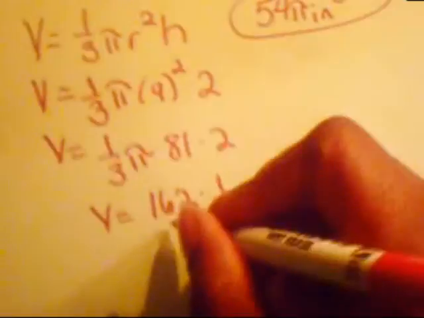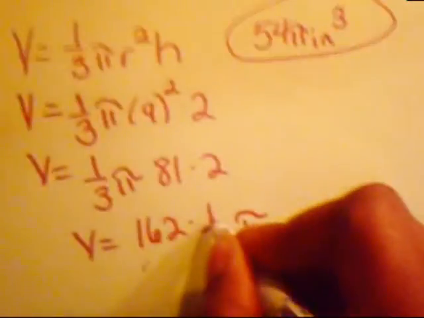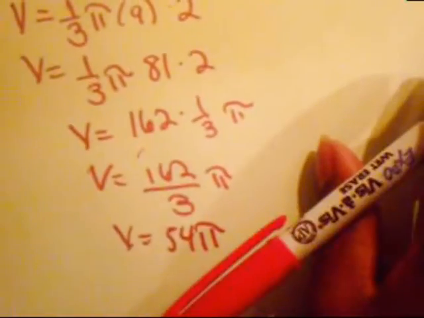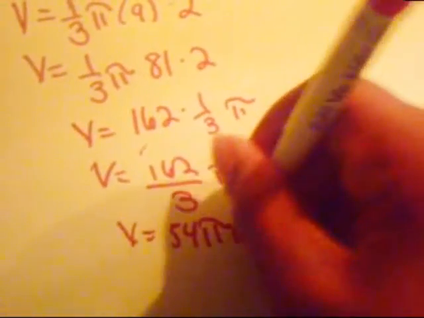Okay, when you find 1/3, what you need to do is take 162 and multiply it by 1, and you'll get 162 over 3. And when you divide 162 over 3, you'll get 54. So V equals 54 pi, and unit of measurement was inches cubed.